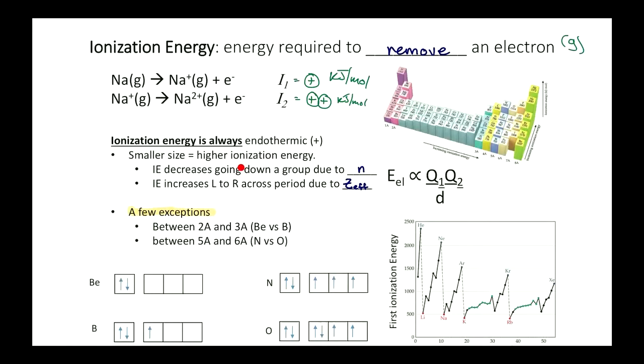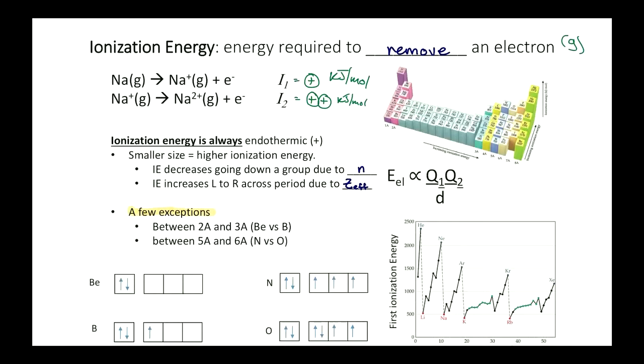So our trends actually relate directly to, what equation is this? Potential energy, or when we think about it, electrostatic attraction, same thing. So we see here the top is Q1, Q2, so that's kind of like the attraction that the electron has to the nucleus, and D, the distance, is how far away is that electron from the nucleus. So this is where the trend is. Think about it.